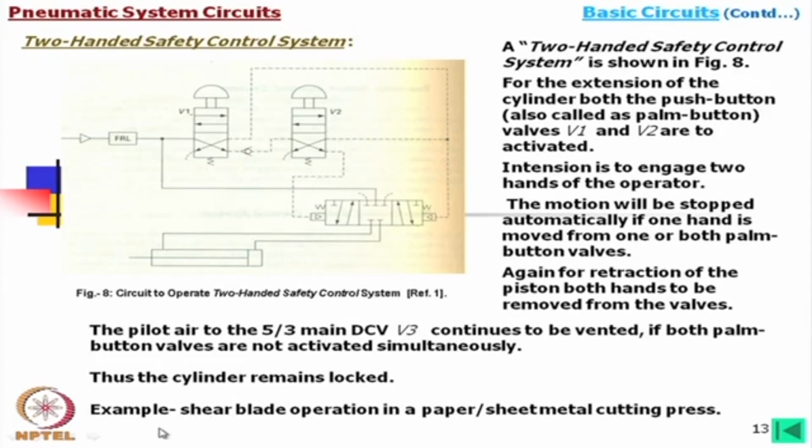An example is shear blade operation in a paper or sheet metal cutting press. Usually if you look into the cutting press, the cutter is like that, then paper is placed like this, and we find where the line is. For that you will find a separate lever, usually a hand wheel, by which you can bring down the shear to this line.